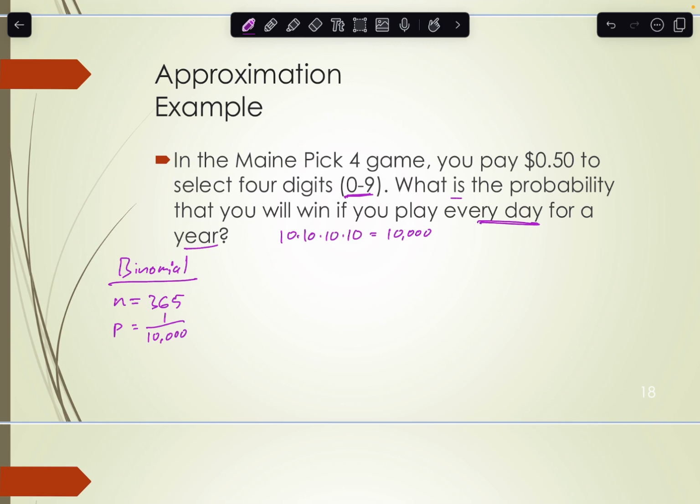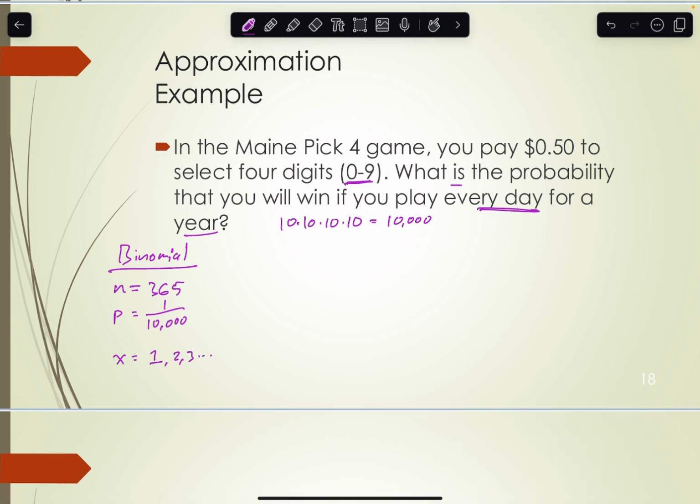And what is the probability that you will win if you play? What does that mean? Well, I just need to be successful once. That's the probability of winning once. But I could also win twice, 3 times, all the way to 365. In order to get the probability of winning, I can use my complement rule.